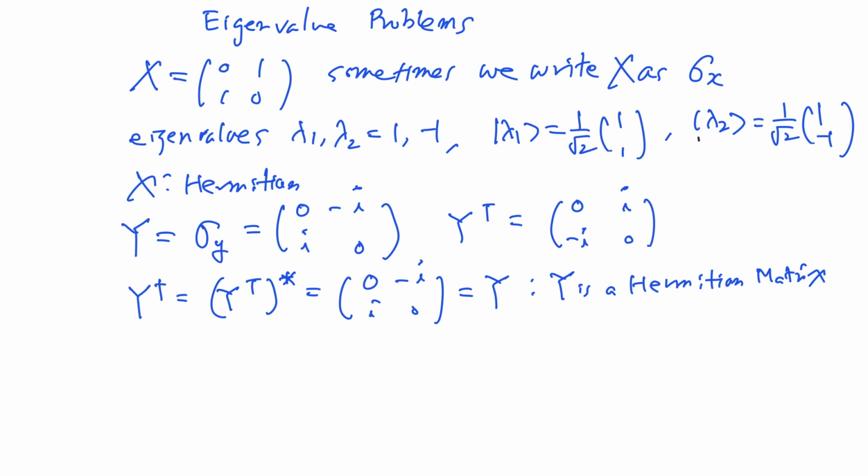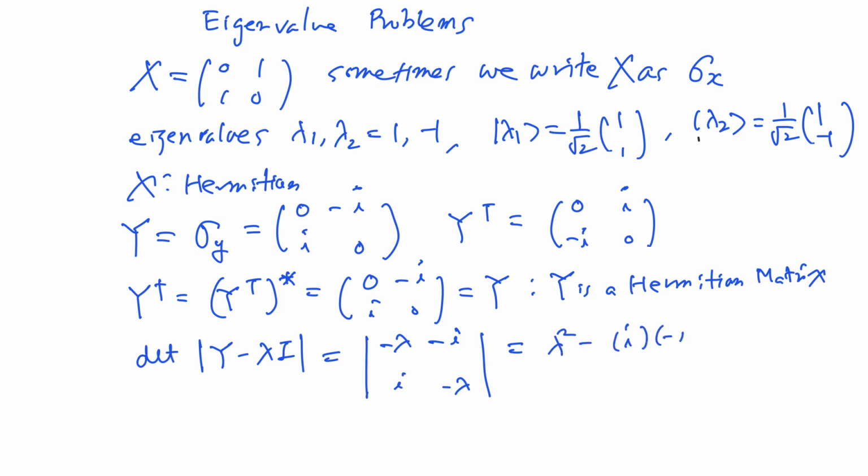So let's try to find the eigenvalues. The determinant of Y minus lambda I: minus lambda, minus I, I, minus lambda, which is lambda squared minus I times minus I. Because I is defined as the square root of minus 1, I times minus I is plus 1, right?